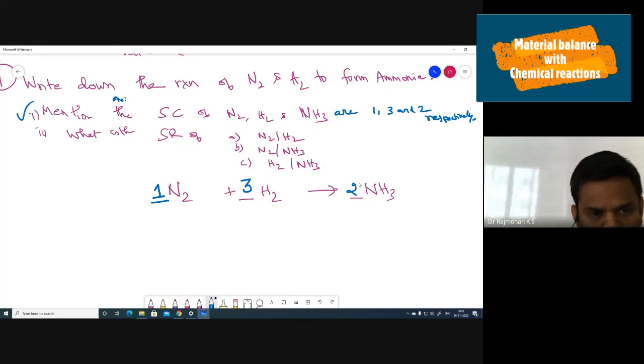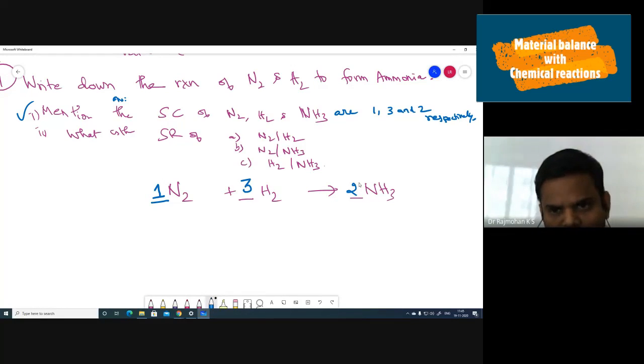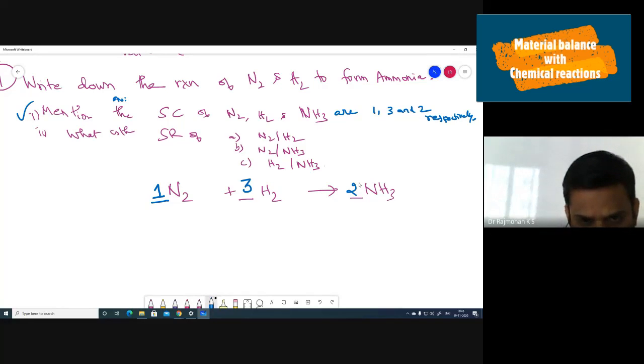The next part is to find out the stoichiometric ratios. What is the ratio in which nitrogen and hydrogen are present in this system here? So what is the stoichiometric ratio? Write the formula here. What is the definition of stoichiometric ratio?